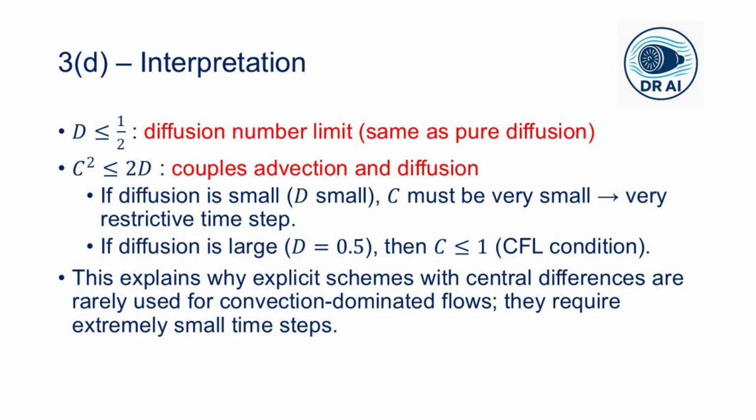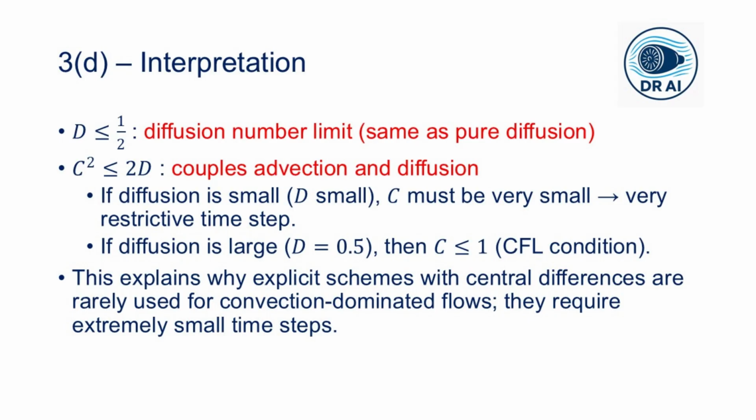If the physical diffusion is very small, which means d is very small, then c must also be very small, meaning the time step must be very small, much smaller than the typical CFL limit for the pure advection scheme. So the presence of central differencing for the advection term combined with explicit time stepping forces a severe time step restriction when the flow is convection dominated.